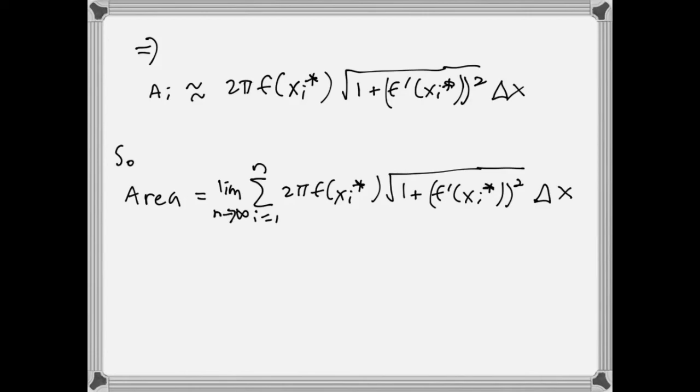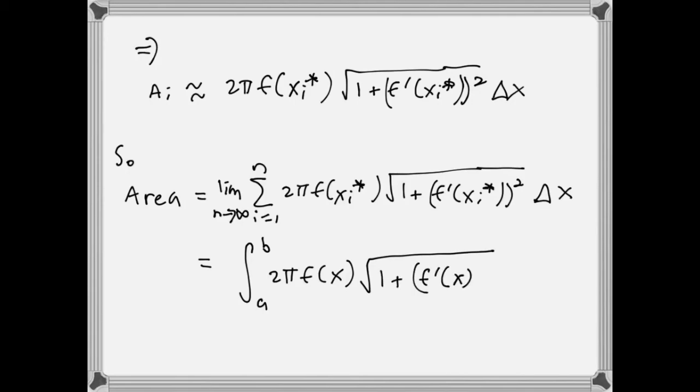But this is a calculus class, and we know what this actually means. If you take the limit as n goes to infinity to give you an exact area, this actually becomes an integral. What is it going to be? It's going to be the integral from a to b of 2 pi times f of x times the square root of 1 plus f prime of x squared dx.